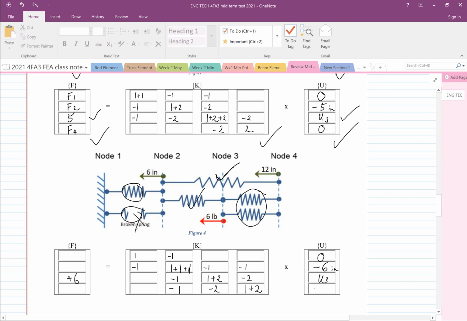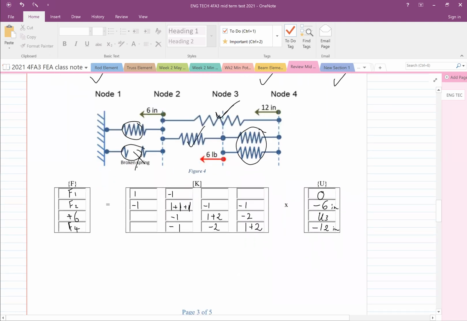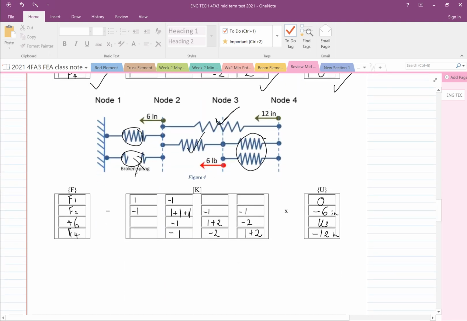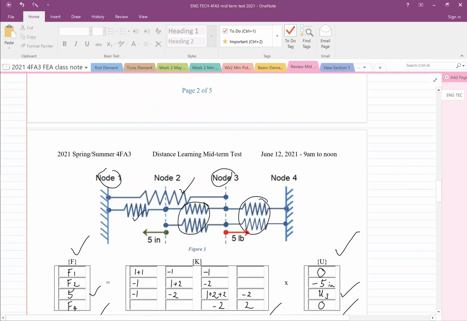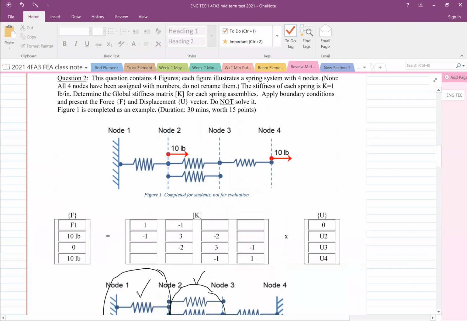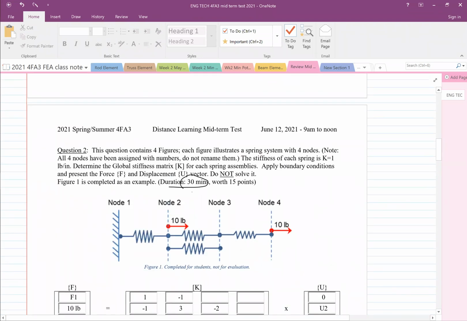And node 4 is -12 inch. Okay. F1, F2, F4. So question 2 is done. Any questions? And it is well under 30 minutes.